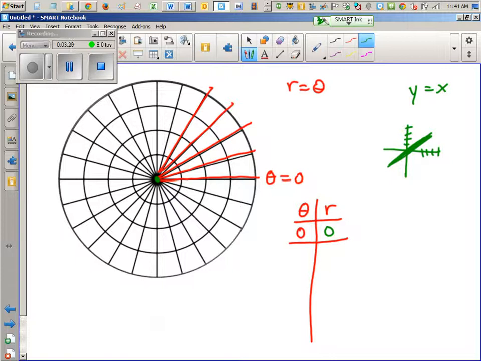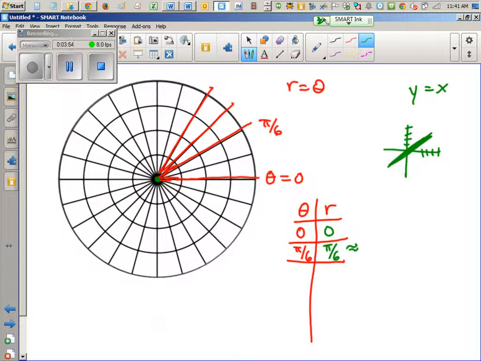Good. On the other hand, if theta is pi over 6, which is the very first bold ray on your graph paper, find that ray. When theta is pi over 6, then r is pi over 6. Which ring is that?